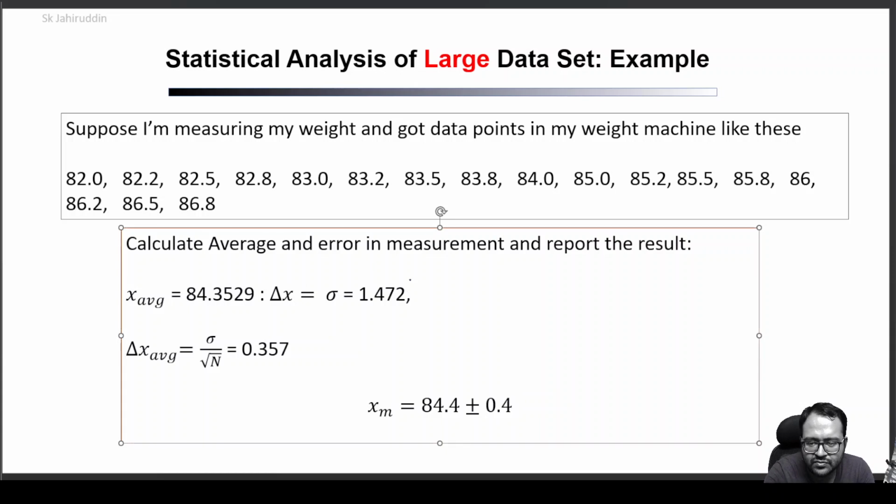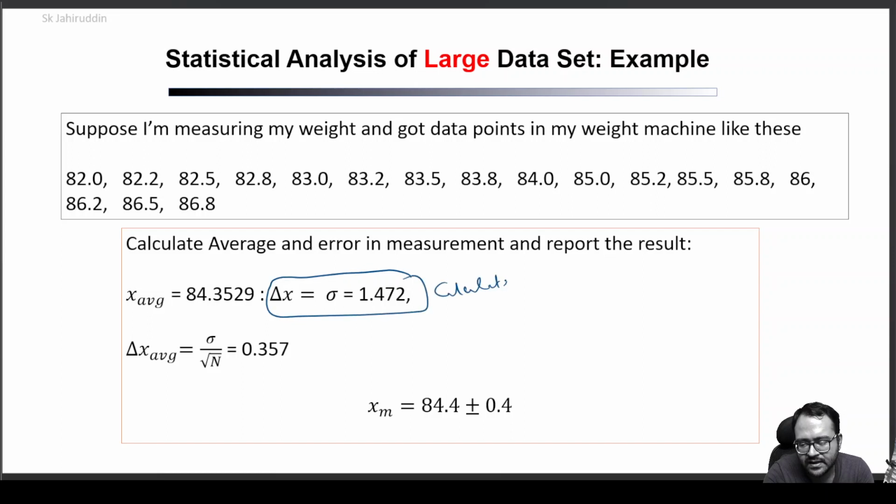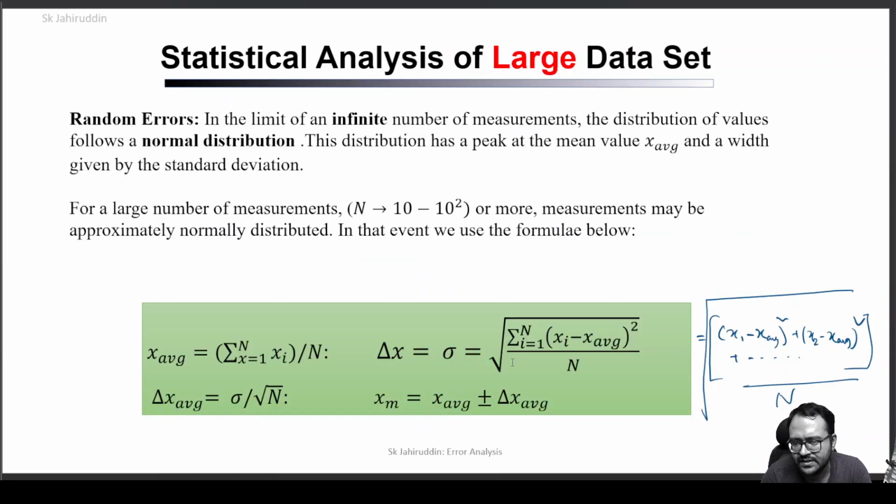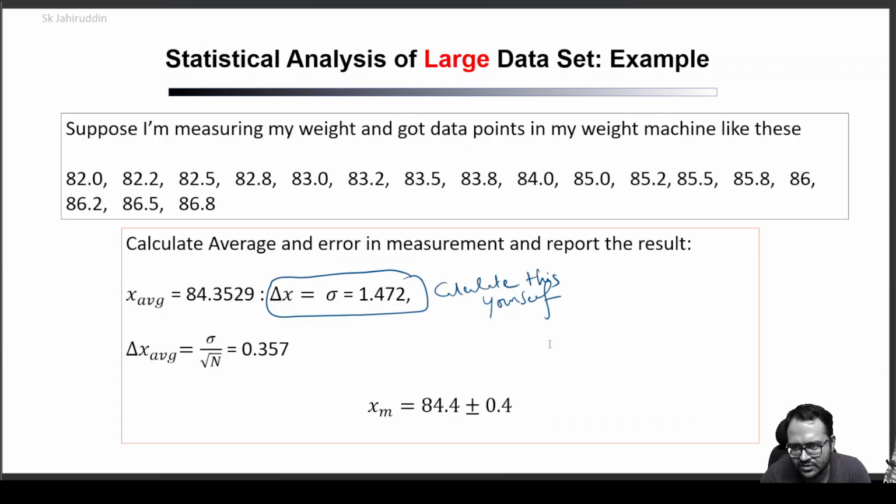If you don't do it, I am not certain you're understanding. Calculate this yourself. You see that formula. Do it. So that is how we calculate the error from a relatively larger data set.